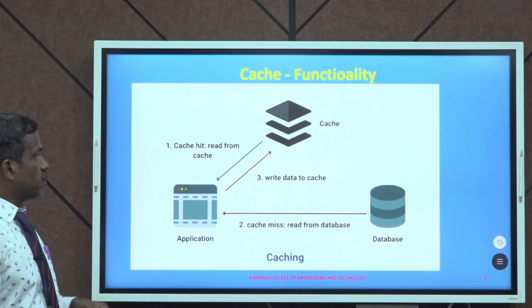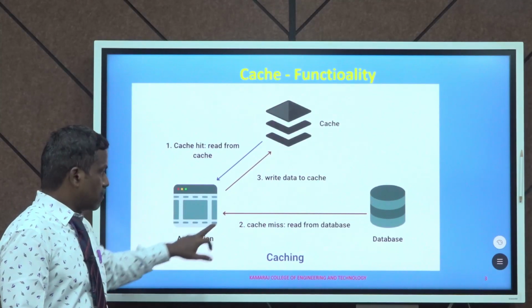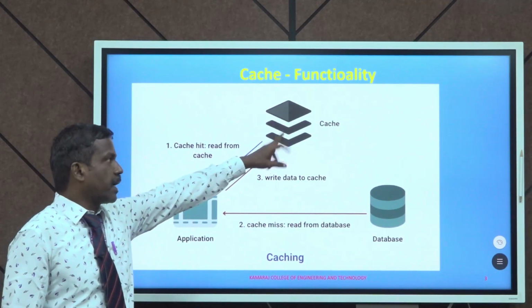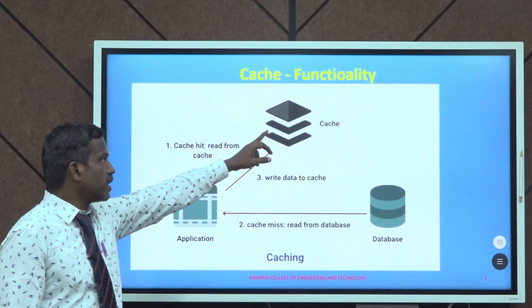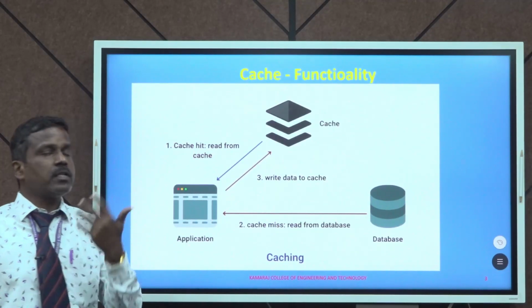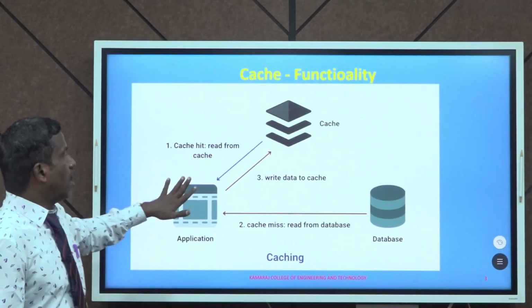As shown in the figure, whenever an application receives a URL, it will first search the cache memory. Once there is a cache hit, the data is read from the cache memory and it will not access the actual data storage located in the server.